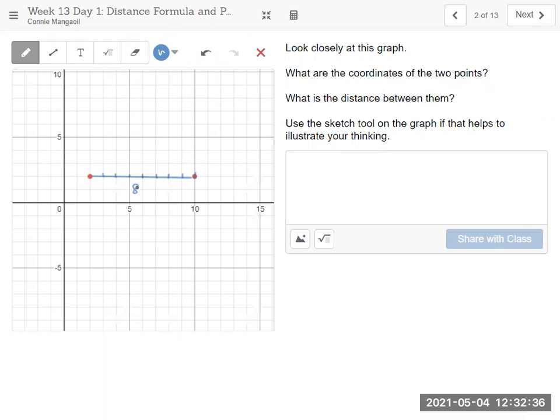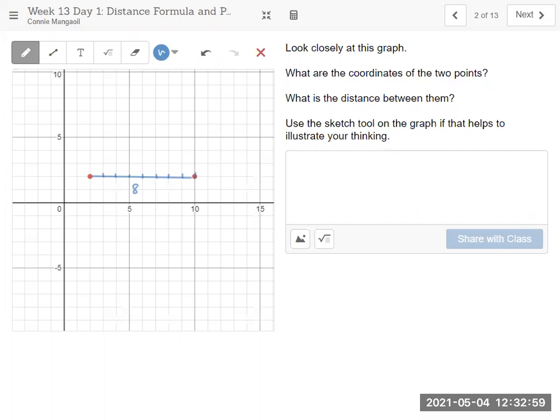All right? Now, has someone found another way of finding the distance between these 2 points? Anybody else, or did we just count it? I guess we did, right? Because I did the same thing.